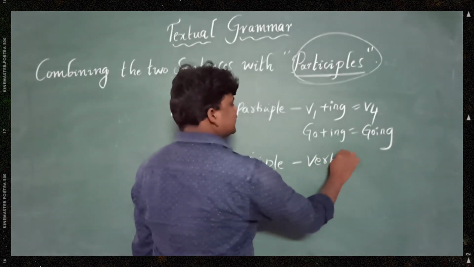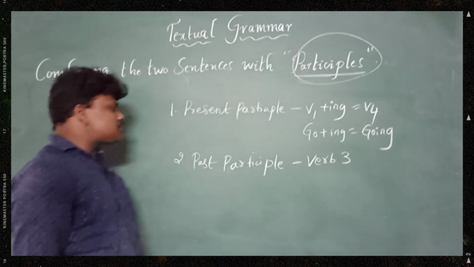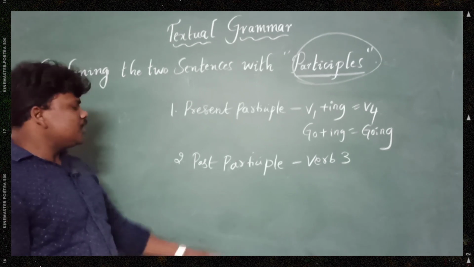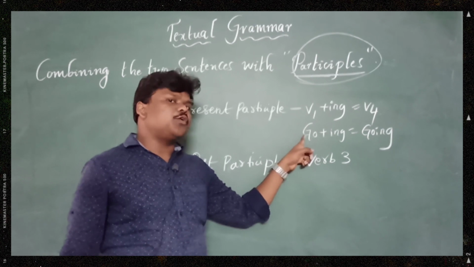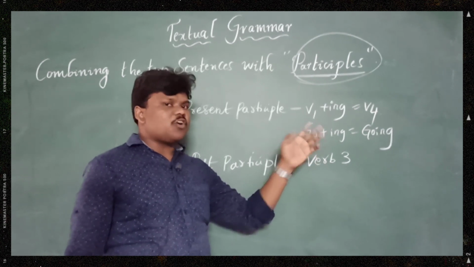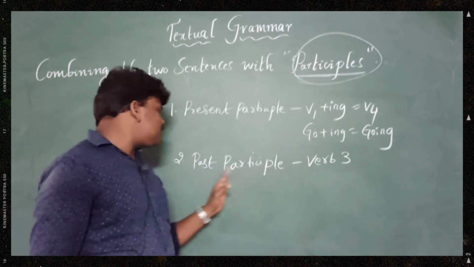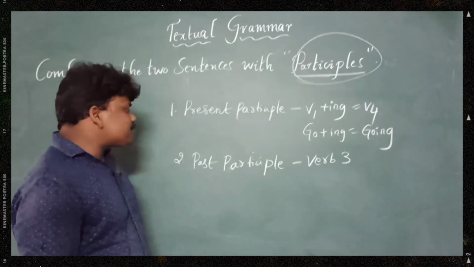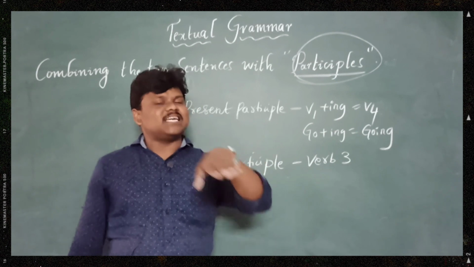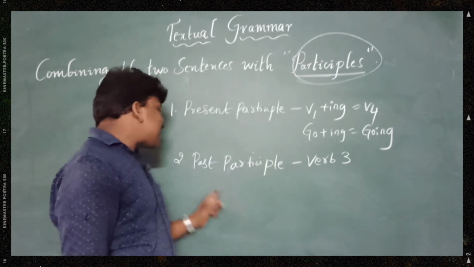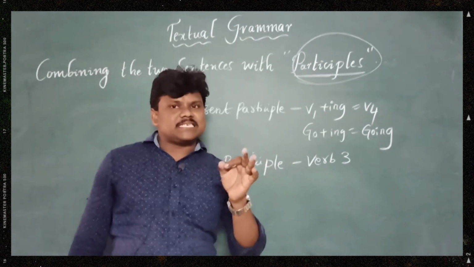First type. Second type, past participle. V3. Verb 3 is known as past participle. For example, what is the past participle for the verb go? Go, went, gone. Gone is a V3, which is called past participle. And what is the past participle form of ask? Asked. What is the past participle form of write?